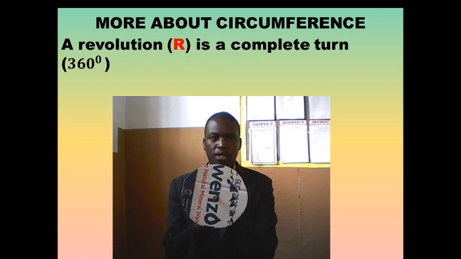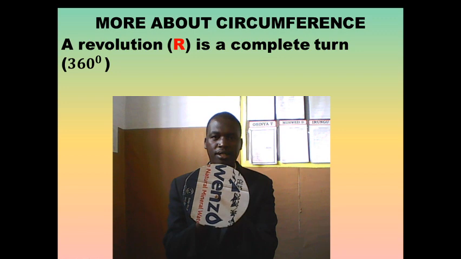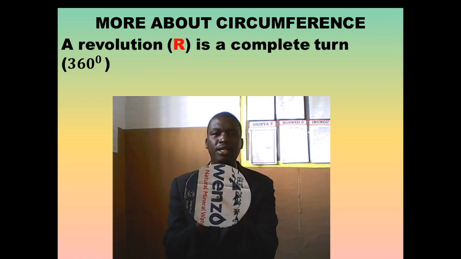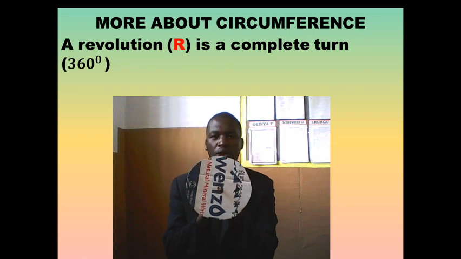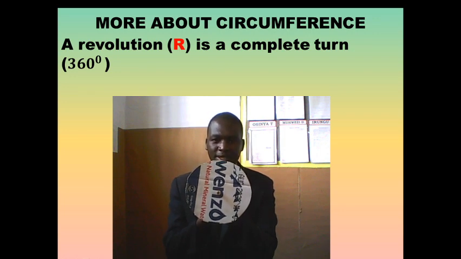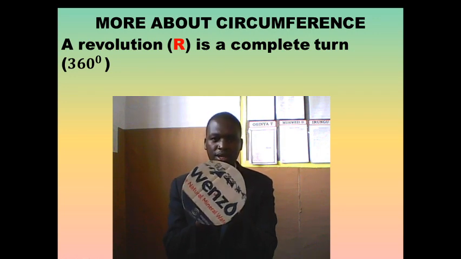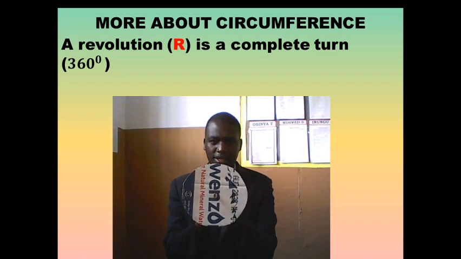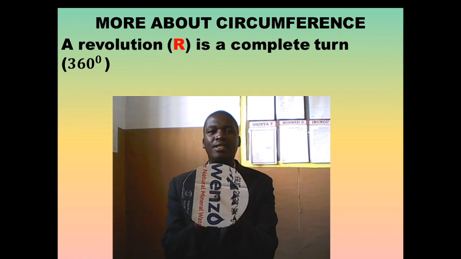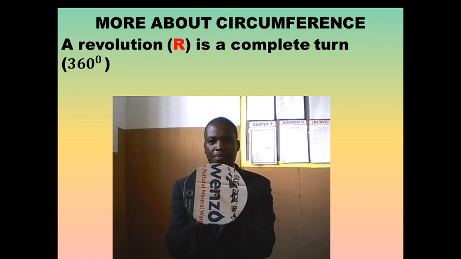This is what we call a complete turn. A complete turn is always a combination of the circumference. When I rotate this once from this point, coming back here, it means it is my circumference.